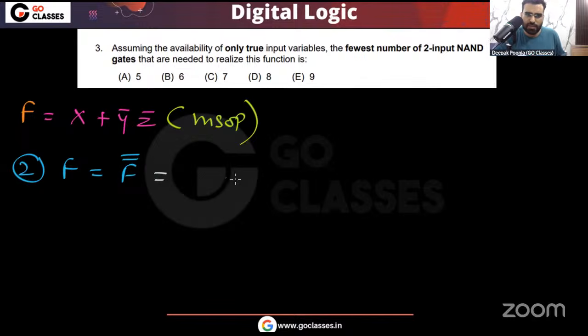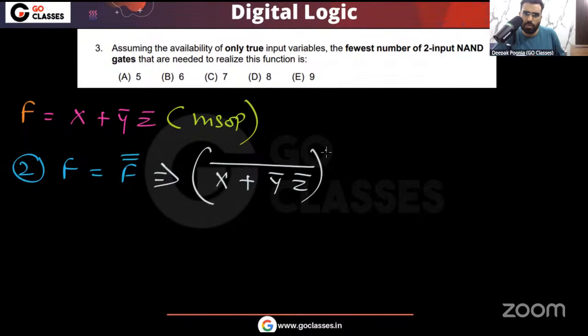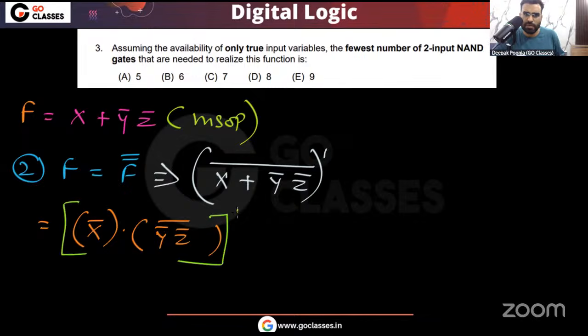It does not change F. So here for X or Y bar Z bar, I can do a double complement, that is, complement and then complement again. Now for the inside complement, let's apply De Morgan's law. Applying De Morgan's theorem, I will get X bar and Y bar Z bar whole bar, then the whole complement. This is what I will get.